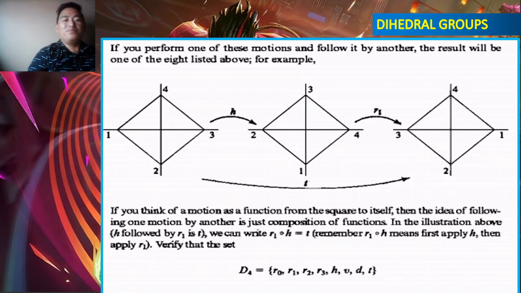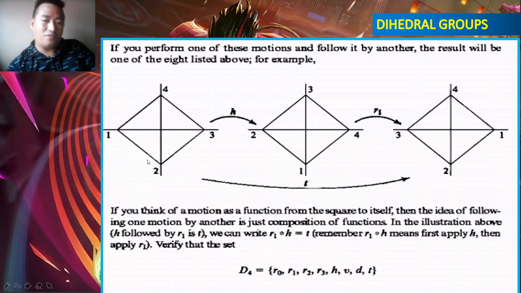So if you perform one of these motions and follow it by another, the result will be one of the eight listed above, for example. So, class, if we perform H first and then perform another, we get one of them. So actually, it is still equal to one of our 8. Okay. Look at this, class: 1, 4, 1, 2, 3, 4.